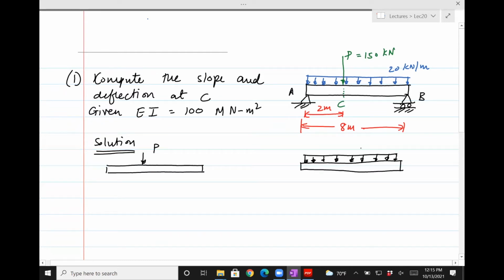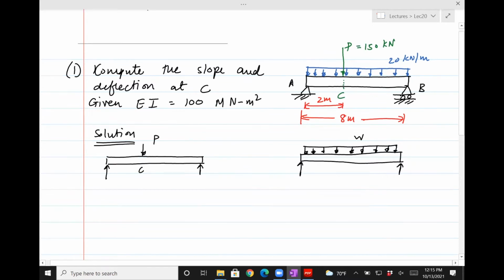So let's call that W. Okay, so we know that if you compose them together, then you will have the loading shown on top. And so I'm just going to find the deflection at C on the left side, deflection at C on the right side, and sum them up.